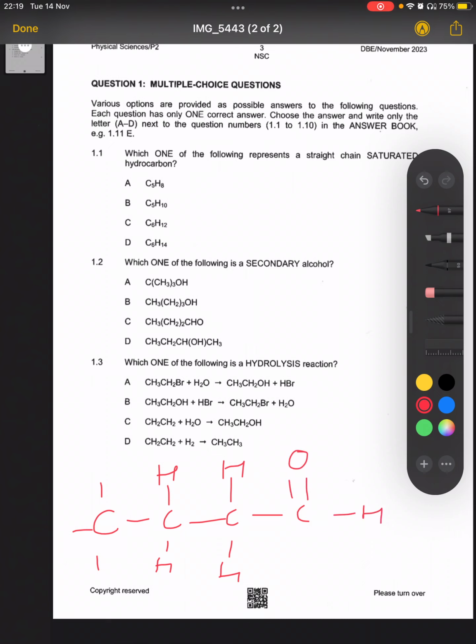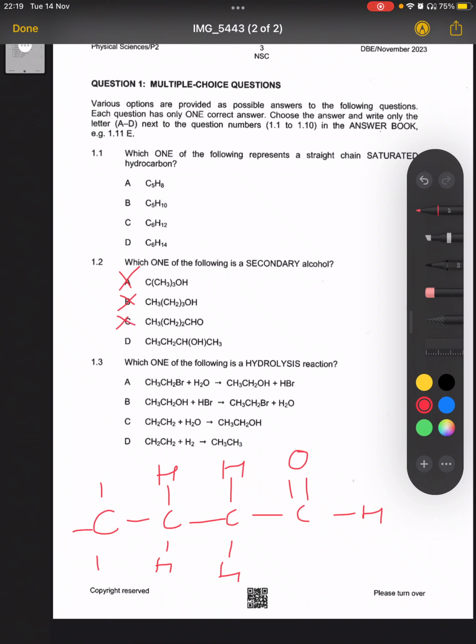So if you see HO, you know it's an aldehyde, but OH, it's hydroxyl. So this is definitely not the answer, and your correct answer would be D, because this is not it, and this is not it, and this is not it, and therefore by default it's D.